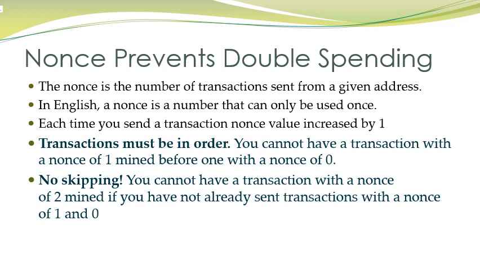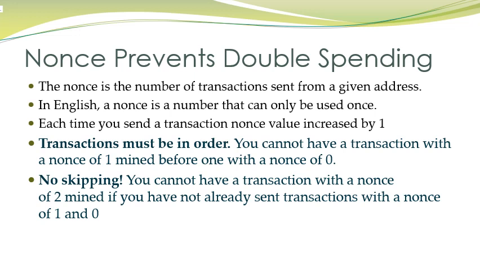So this nonce is a number. In English we can say a nonce is a number that can be used only once. If we have used 0, then we cannot use 0 again. If we have used 1, then we cannot use 1 again. The nonce is the number of transactions sent from a given address.